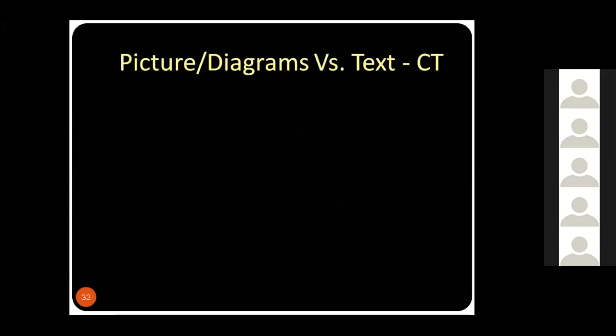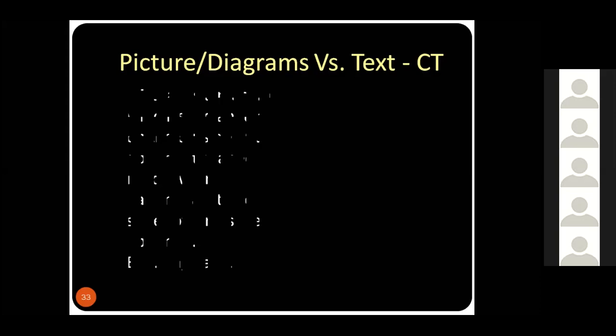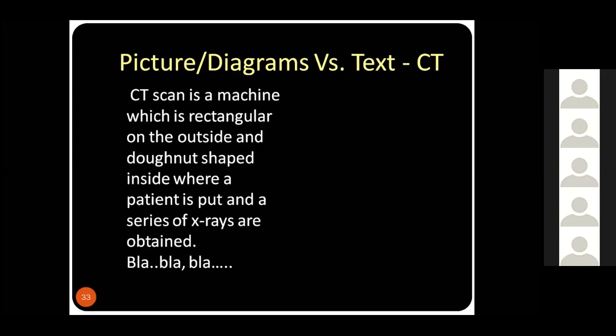For example, if you have been asked to describe what a CT scan is, if it had been live, really in front, I could have asked one of you, but I'll say, if somebody asks you, a layman, what is a CT scan, then the way somebody will describe it is like this: CT scan is a machine which is rectangular on the outside and hollow inside, where a patient is put and a series of X-rays are obtained, blah, blah, blah.